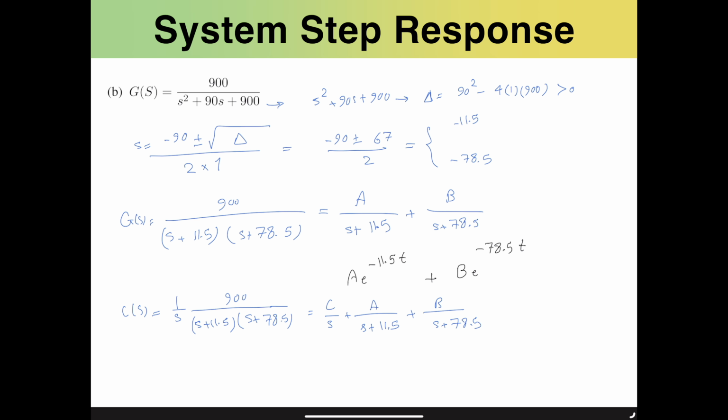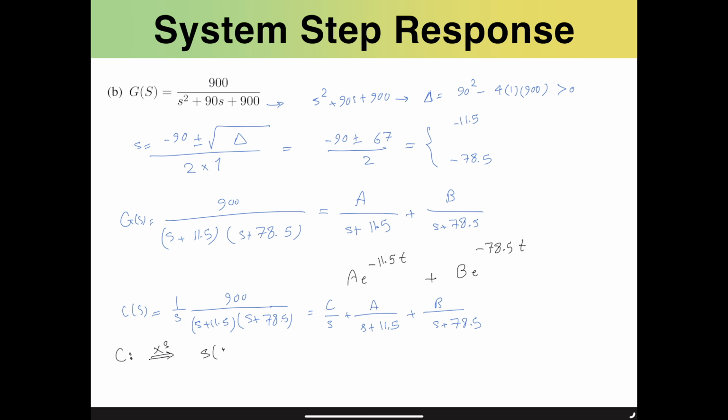So in order to find each one of A and B and C in this case, we just need to multiply either side by the root, the denominators. For instance, for C, we need to multiply both sides by S and then evaluate that at s equals 0.